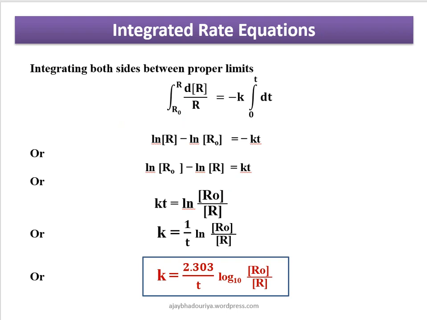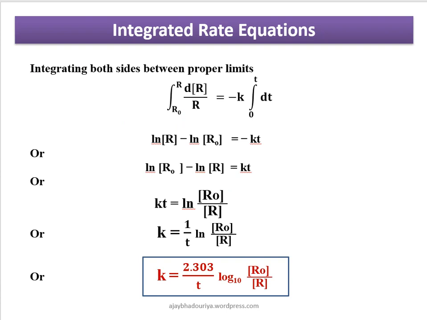By integrating with proper limits R0 to R, and 0 to t, that will become ln R minus ln R0 is equal to minus Kt, or ln R0 minus ln R is equal to Kt.